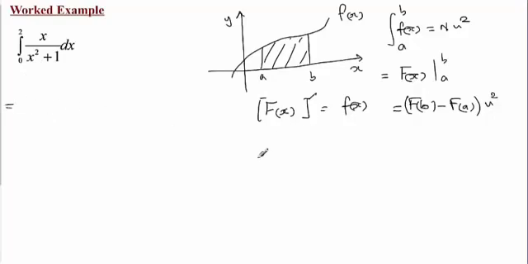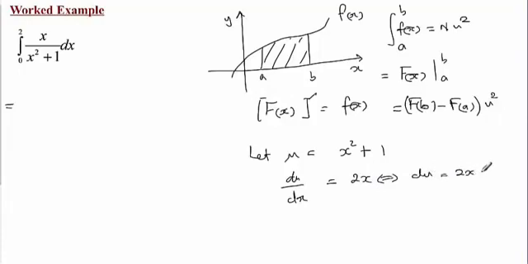So let's let u be equal to x squared plus 1. Which means du dx is equal to 2x, which is equivalent to saying du is equal to 2x dx.